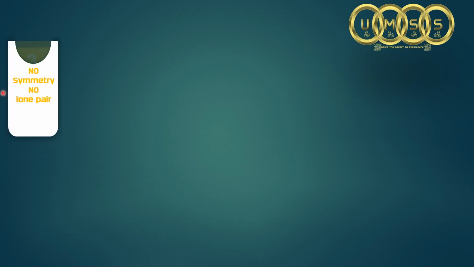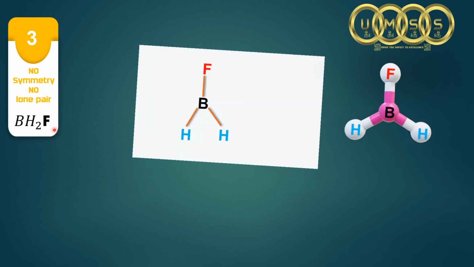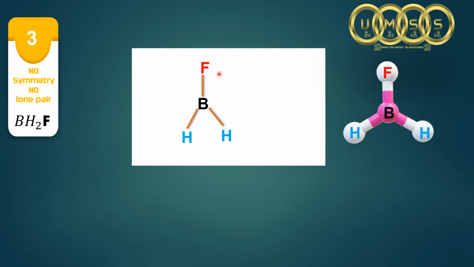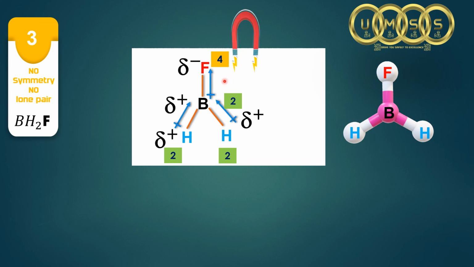Let us see the last probability, which is no symmetry and no lone pair on the central atom in the molecule. We'll take an example, BH2F. Here there is a highly electronegative fluorine atom, as the electronegativity of fluorine equals 4. So the fluorine atom acts as a magnet, pulls the bonded electrons and acquires a partial negative charge. The other atoms will acquire partial positive charges, so the net dipole moment is more than 0.